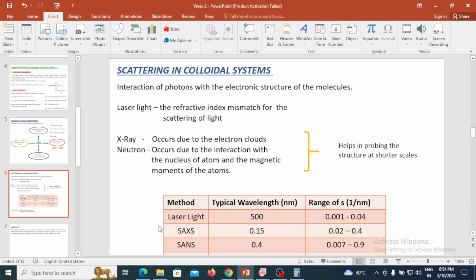By doing this kind of scattering experiment, by passing light on the colloidal system, we are able to probe and understand the electronic structure of the molecule.